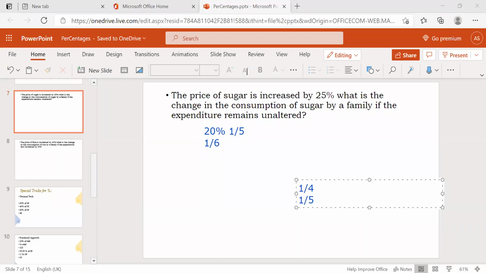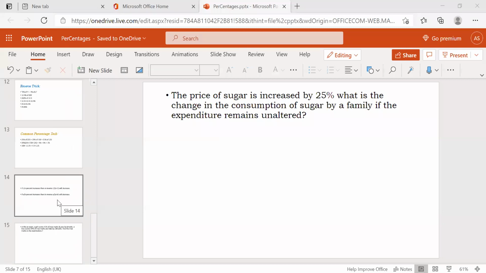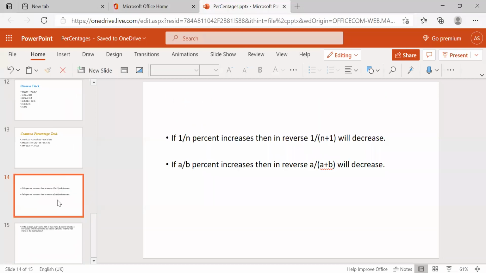Is it clear? Why I'm saying all these shortcuts is that in competitive exams, time is very, very precious. Everyone can solve the questions by the traditional method, by assuming the x value, and you will get the answer, but you will solve only a few questions in the whole hour.